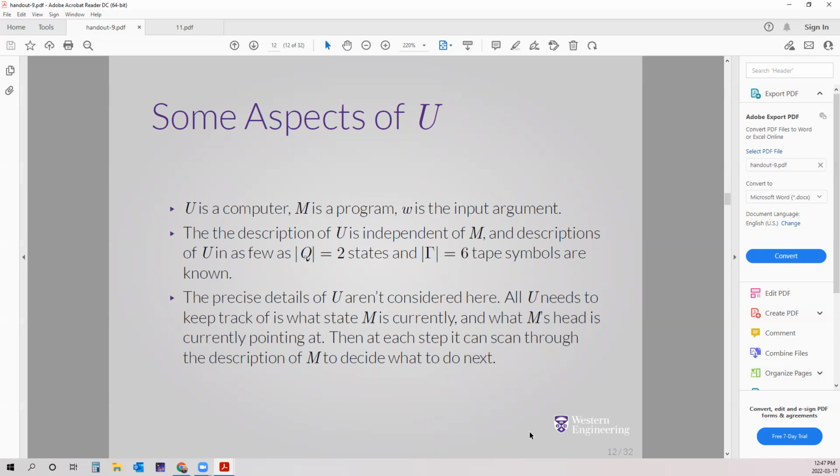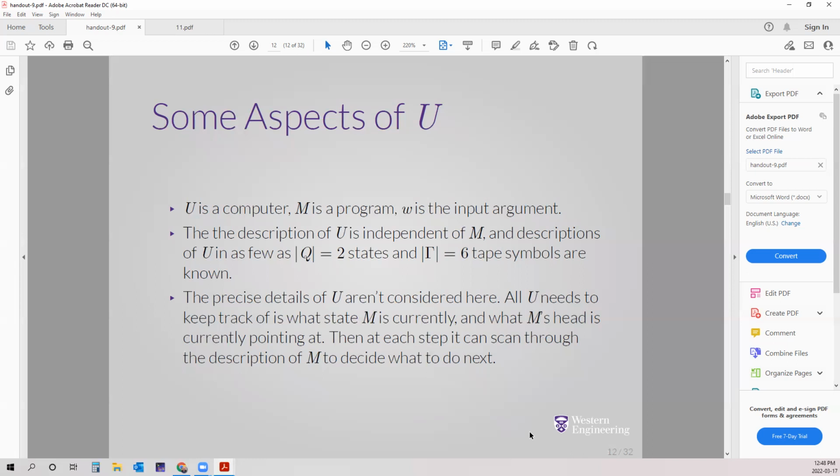And the description of U, as if U had the cardinality of Q equal to 2 states, either reject or accept, and delta equal to 6. Tape symbols are known, so we have 6 tape symbols. The precise details of U aren't considered here.